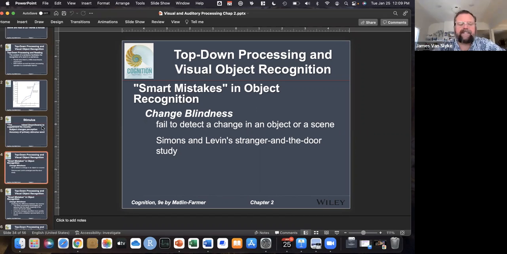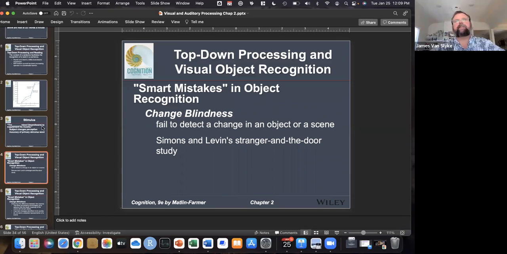And this is the idea of change blindness. Change blindness is the failure to detect a change in an object or a scene. And so that was an example of what is known as Simons and Levin's Stranger in the Door study. I think they did that study maybe in the late 90s.